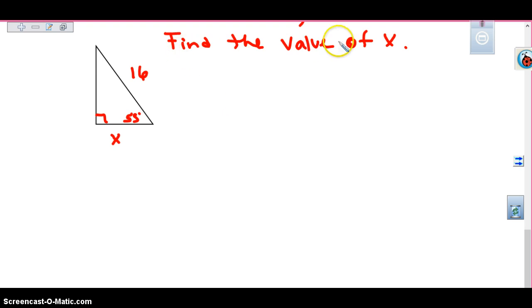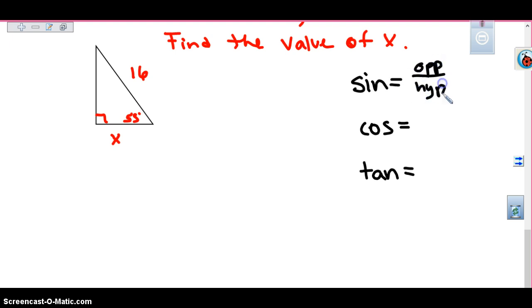If we need to find the value of x, this is a right triangle, so we can use the trigonometric measures sine, cosine, and tangent. Sine is equal to the opposite over the hypotenuse. Cosine is equal to the adjacent over the hypotenuse.